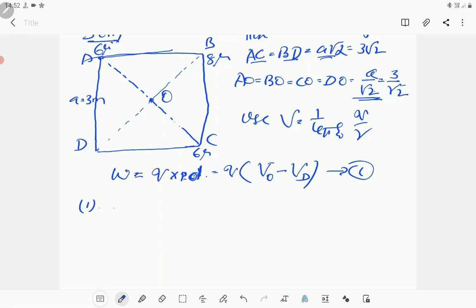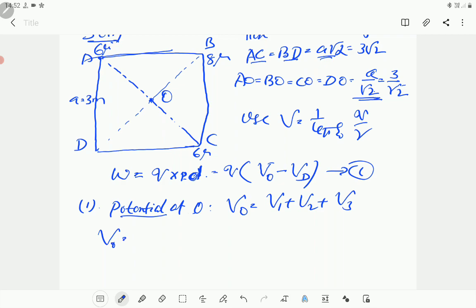We have solved number 1, potential at O. You know the formula. Since potential is a scalar, just take V1 due to first charge Q1 at corner A, V2 due to second charge Q2 at B, and V3 due to third charge Q3 at C. Now VO, recall all the expressions. What is potential? 1/4πε0 Q divided by R. Here 1/4πε0 is a common term which appears in all the three right hand side terms.